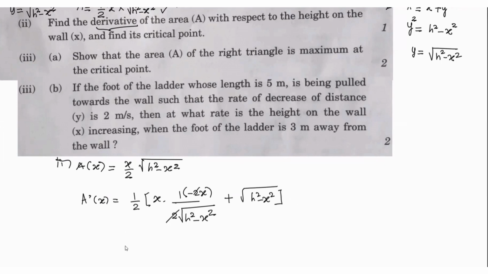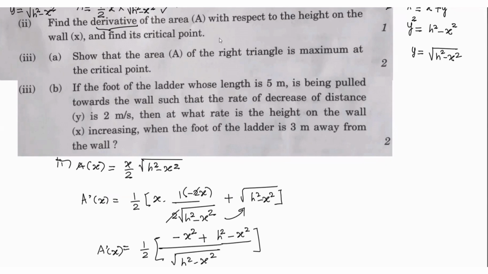Taking LCM and keeping the half as it is, this is divided by root of h square minus x square, minus x square plus, these two become squared, h square minus x square. So this is A dash of x.